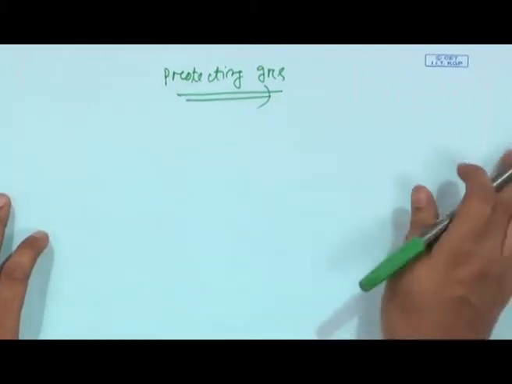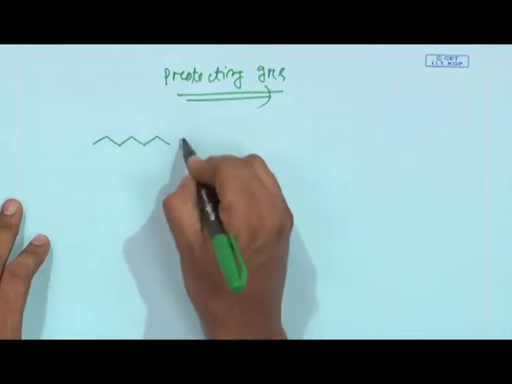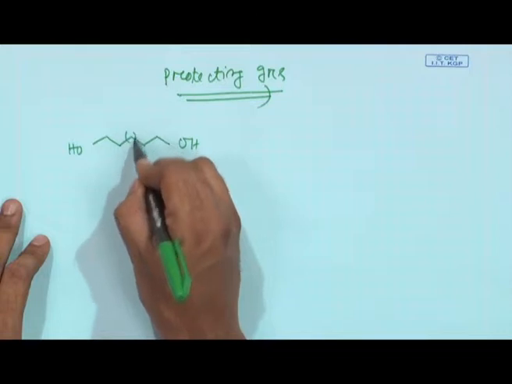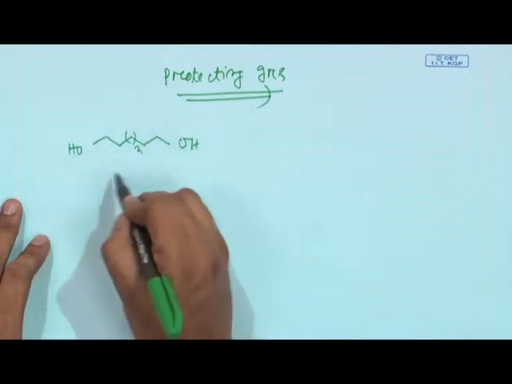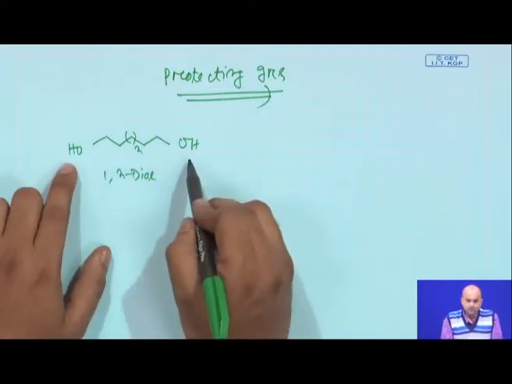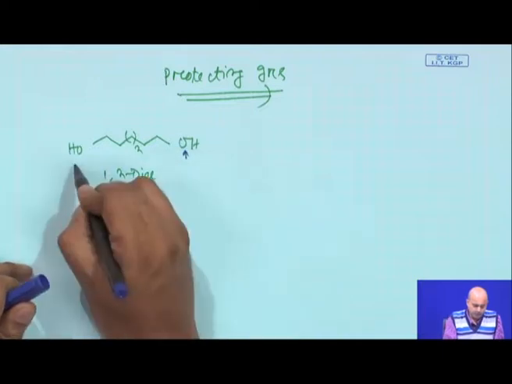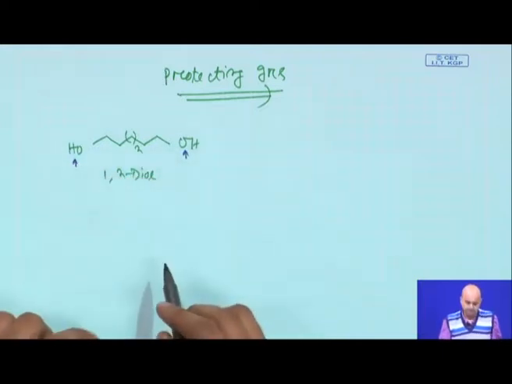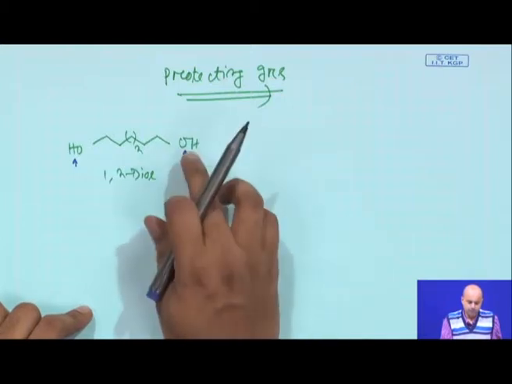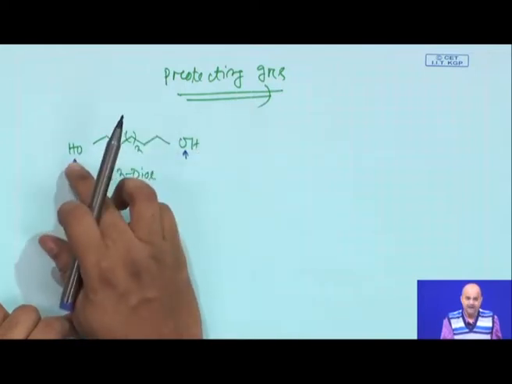In reality, I will give you a compound something like this. Say you are having a 1,n-diol, and both the alcohols are having similar reactivity because both are primary alcohols, but selectively you want to use FGI on this end by keeping this end intact.